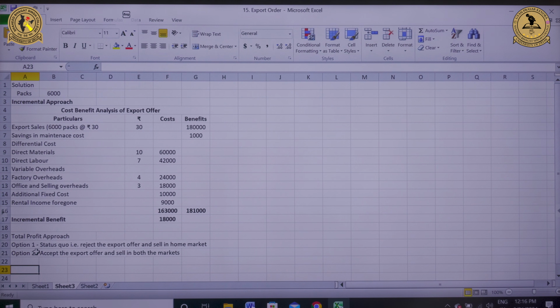Let me first mention the units here. Under option 1, there are 20,000 units at a rate of rupees 60.